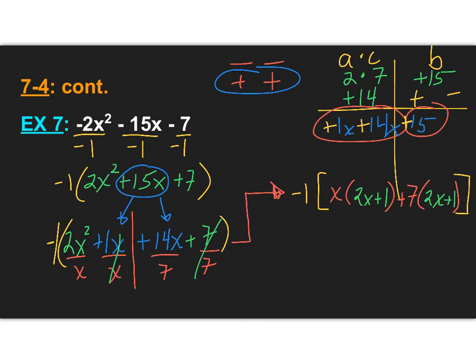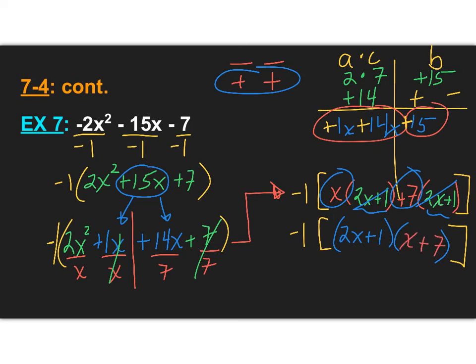So now what's in parentheses is the same. This negative 1 out in front still doesn't change, but I'm going to take that 2x plus 1 out in front of parentheses, so those are going to cancel, and you're going to have an x and a plus 7 left over, and so those go in the second set of parentheses.